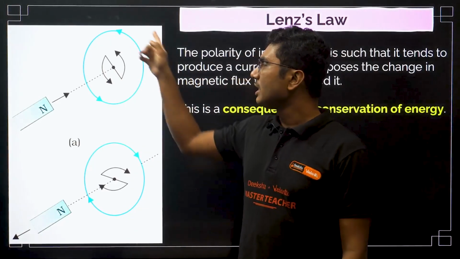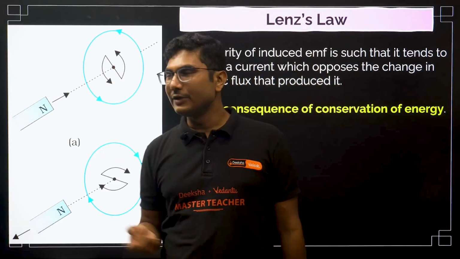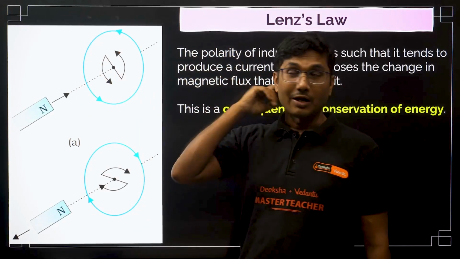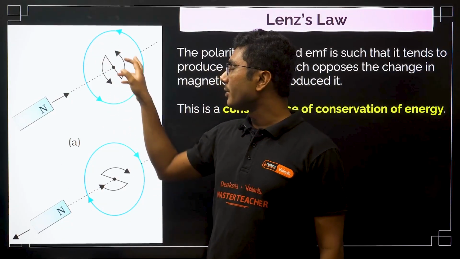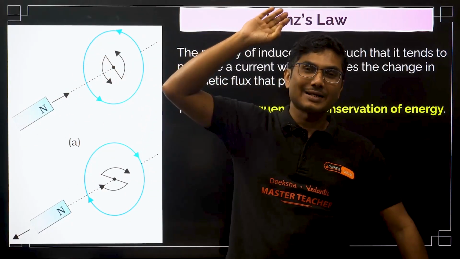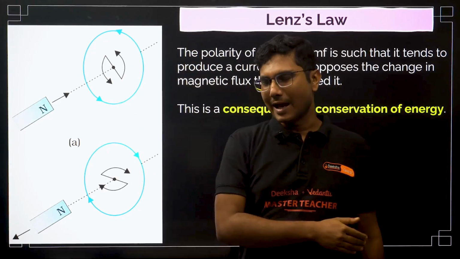Why so? Because the current being produced consumes some energy. It requires some energy to produce this electricity. Now imagine that you push this magnet and somehow a south pole developed over here. They get attracted, and the magnet automatically moves towards it, and then as soon as it goes away, it repels and attracts again.